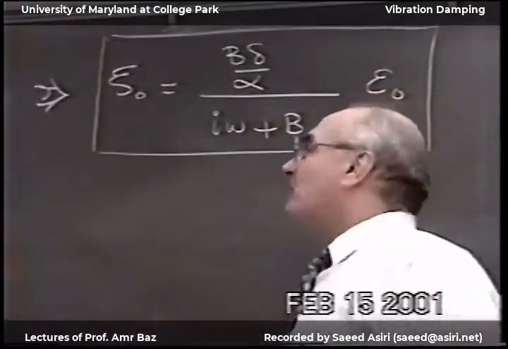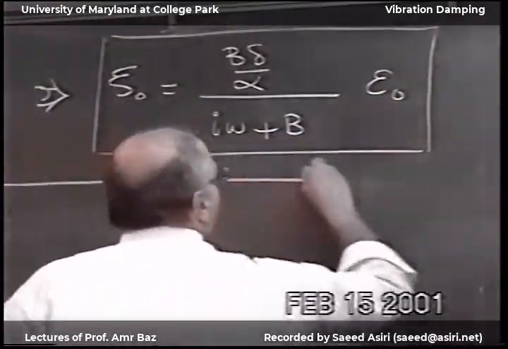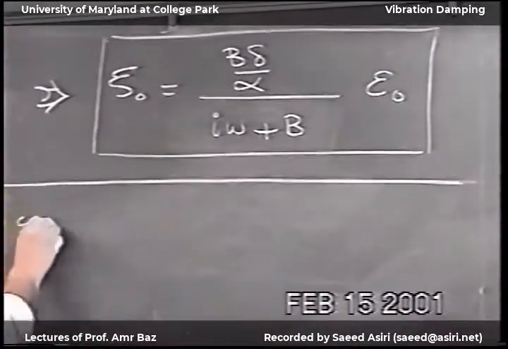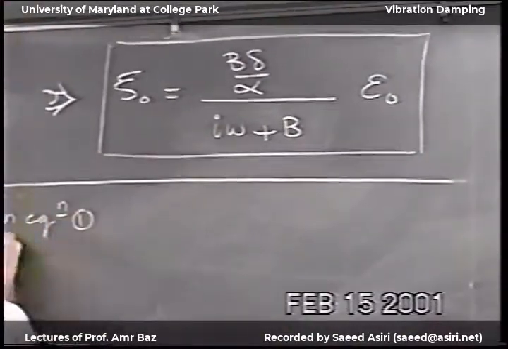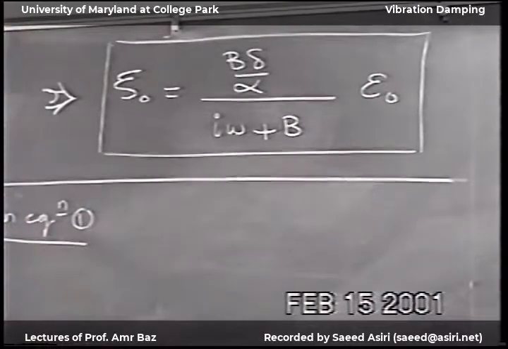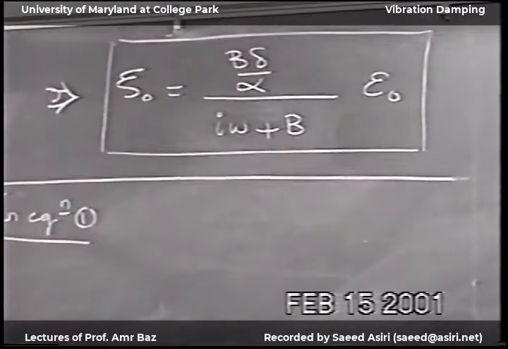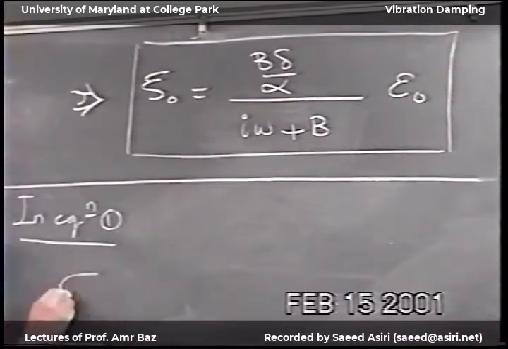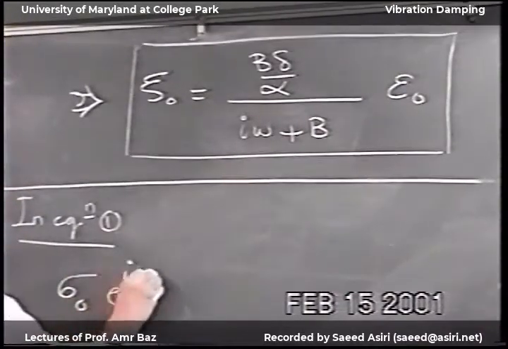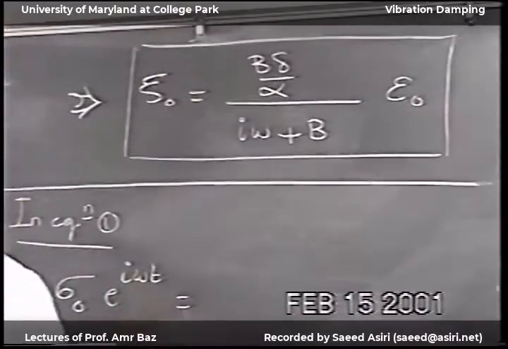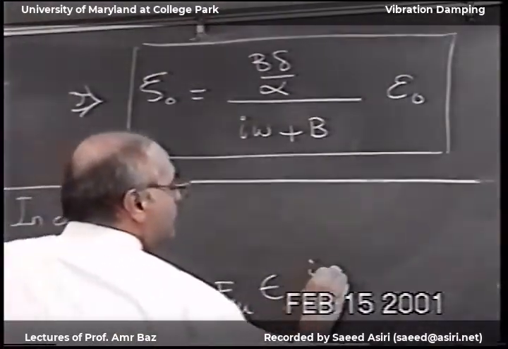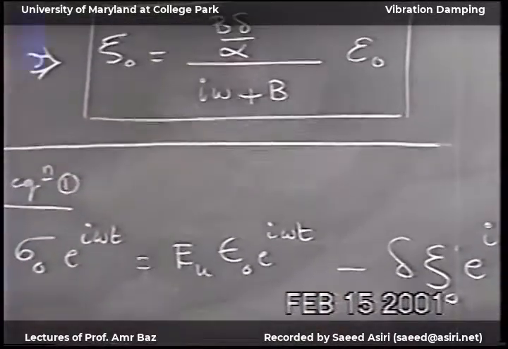Now we'll go to equation 1. I'll do the same and plug in these. So we have sigma 0 e to the i omega t equal to EU epsilon 0 e to the i omega t minus delta zeta 0 e to the i omega t. Drop the e to the i omega t from all of them.